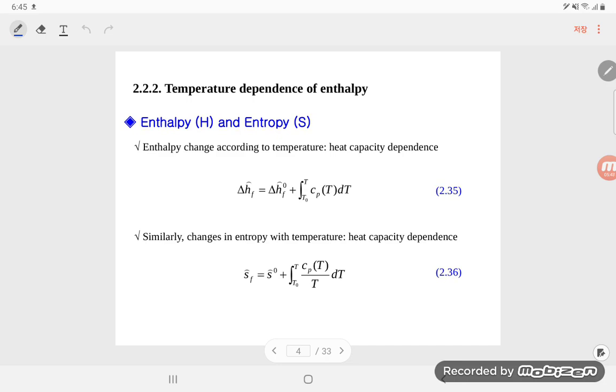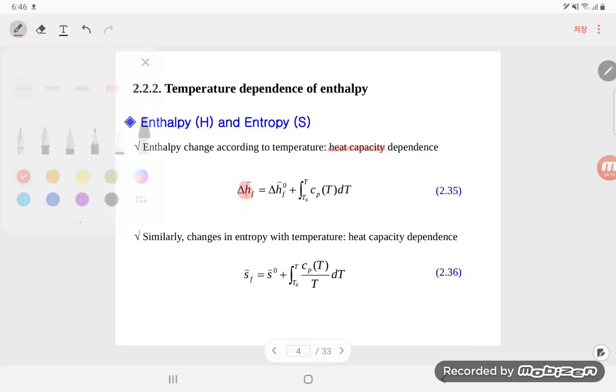And what is the temperature dependence of enthalpy? Enthalpy and entropy are dependent on the temperature. So let's see the expression. If the formation enthalpy changes according to the temperature, we can use the heat capacity to express it.